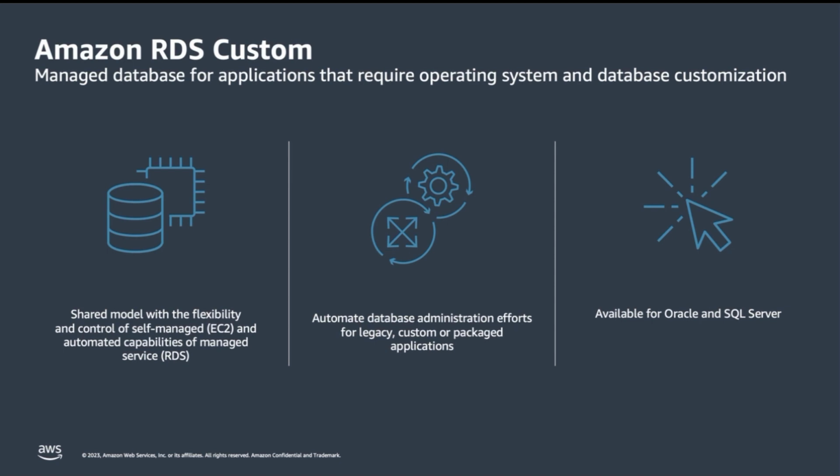We have our own Aurora database service, which is also available for Postgres and MySQL. RDS also supports commercial engines like Oracle and SQL Server. Now, Amazon RDS Custom is a newer service under the umbrella of RDS services, and this is available only for commercial engines like Oracle and SQL Server.